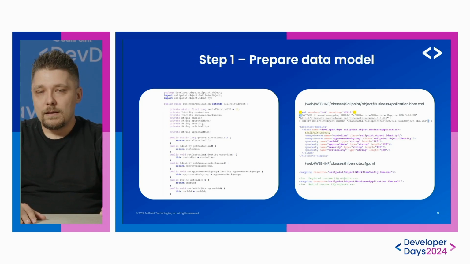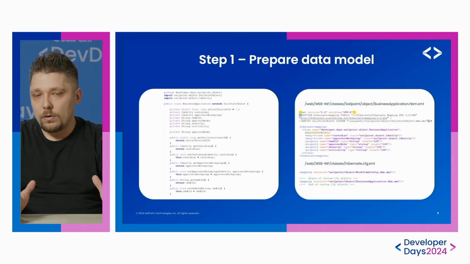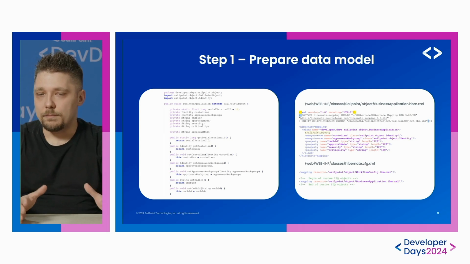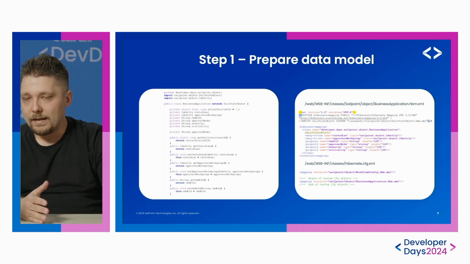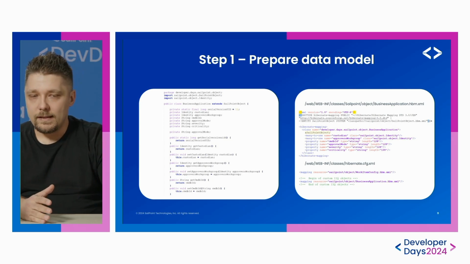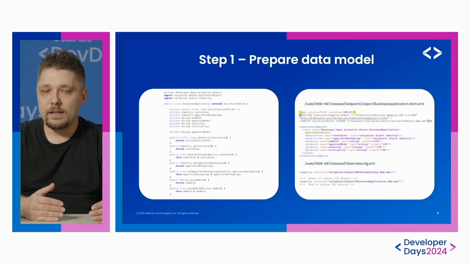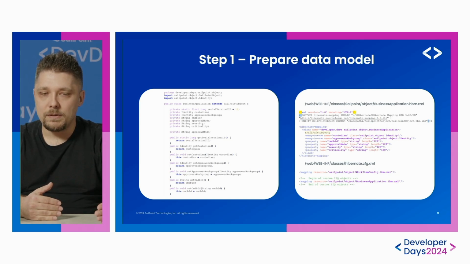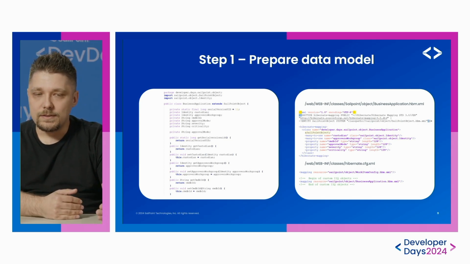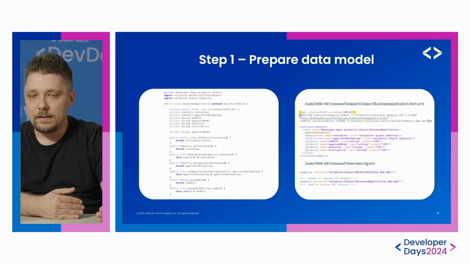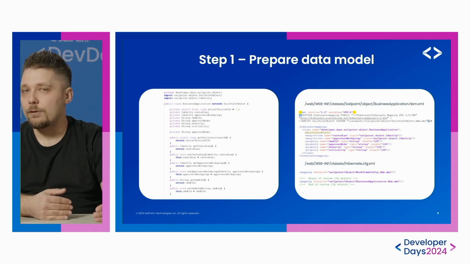So all the use cases that we might have end up in preparations. We need to prepare the data model, right? On the left side of this slide, you can see that we have created the business application class, which simply in the first section contains all fields which we require, all fields that come from our requirements, really.